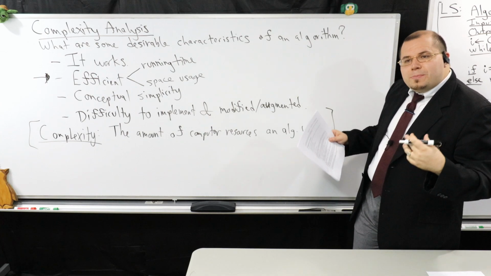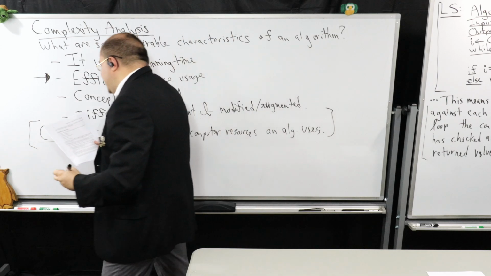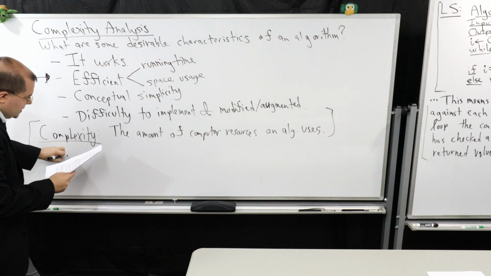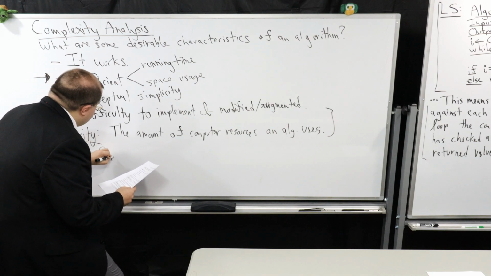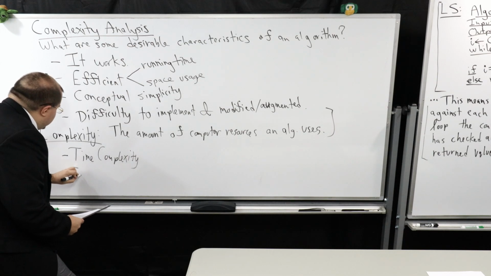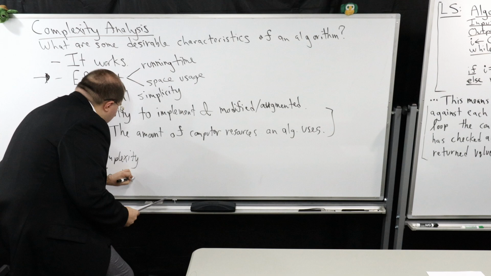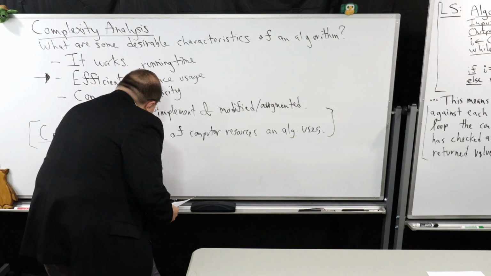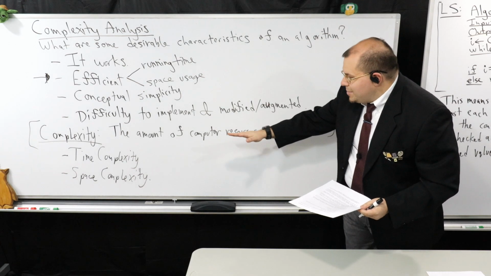You may know of a couple of different common ways of measuring complexity. Two of them, and these are the ones that we'll be interested in, are time complexity and space complexity. So these are the two that we're going to be interested in, time and space.